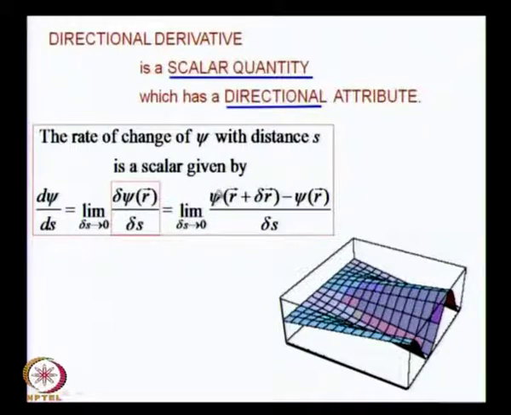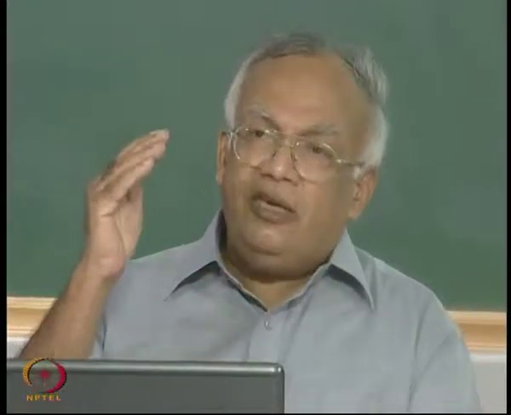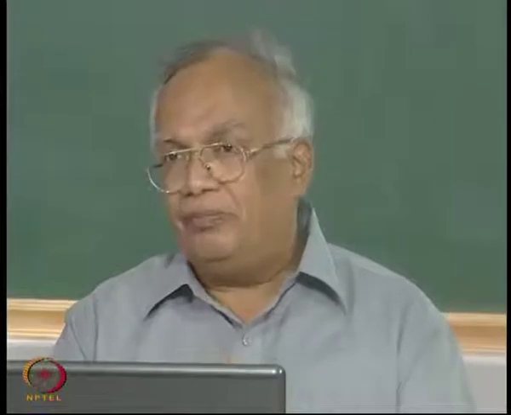The function psi is a scalar, but when you consider delta psi as the difference in the value of this function between 2 points, value of the function at r and value of the function at a neighboring point r plus delta r, then the question is, where is this neighbor? With reference to the first point, this neighbor can be either to the east or to the west, and it is over here in this argument that the direction plays a role.